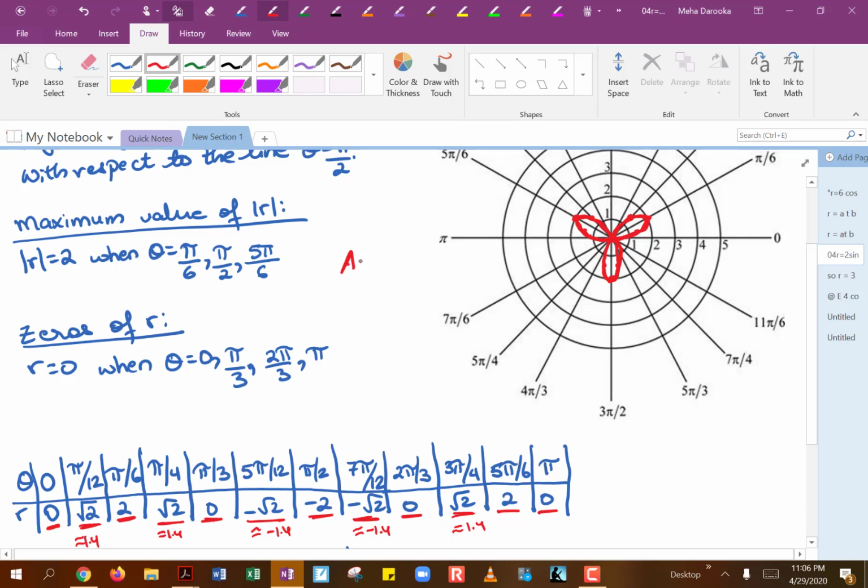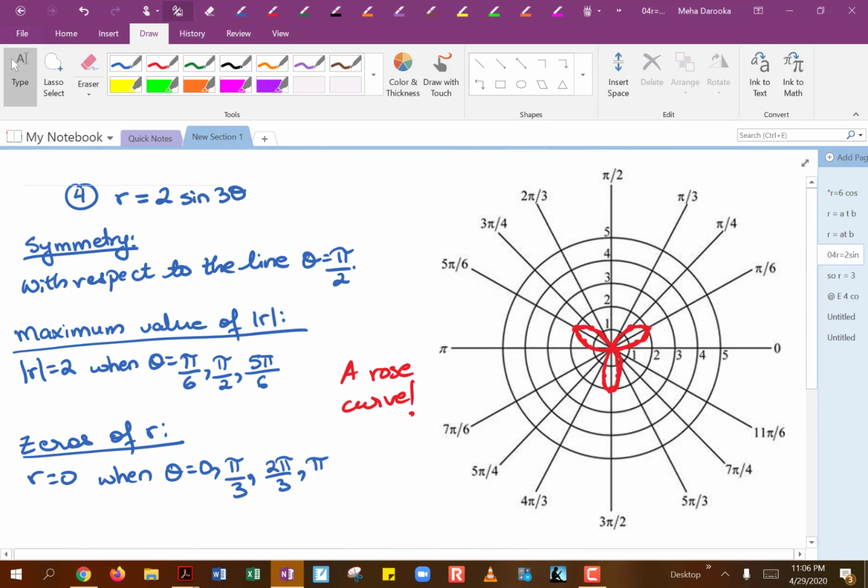So remember, this is a rose curve. The trick behind the rose curve functions is your function is going to be in the form a times sine of n theta, because we have that 3 on our function, where your n value has to be at least a 2, or it can be greater than 2.